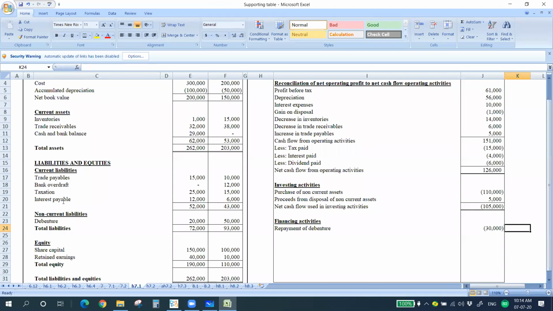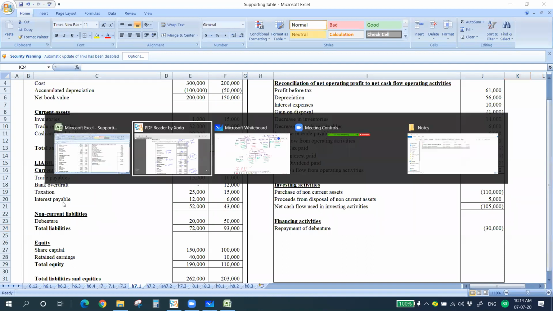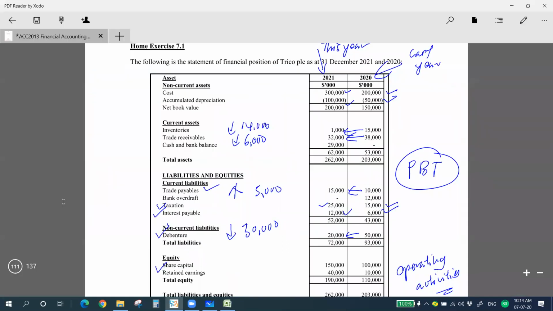Repayment. Next, our share capital from 100,000 to 150,000. This shows an increase, right? Increase by 50,000. So when you have an increase in share capital, it means what?